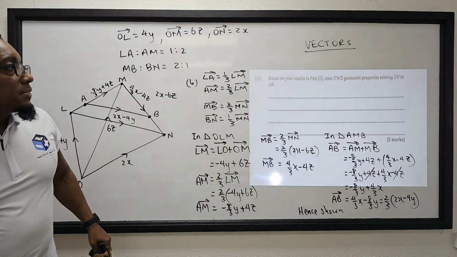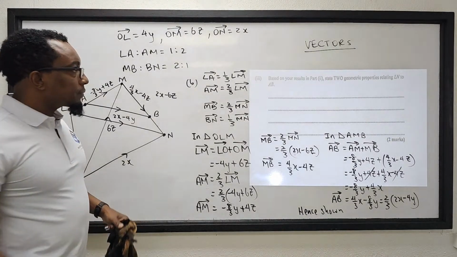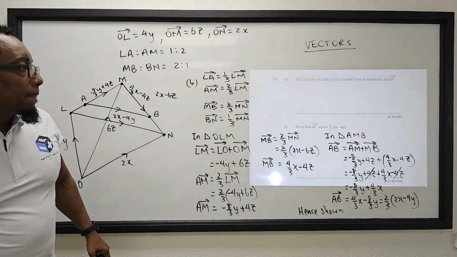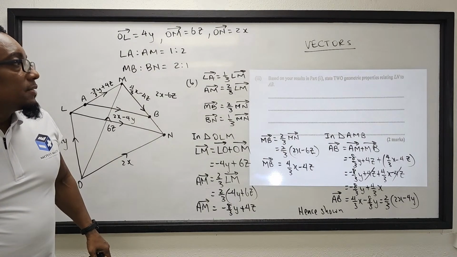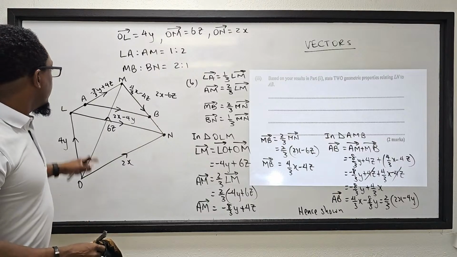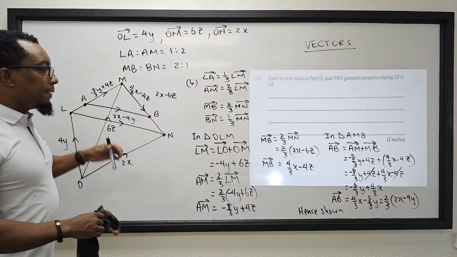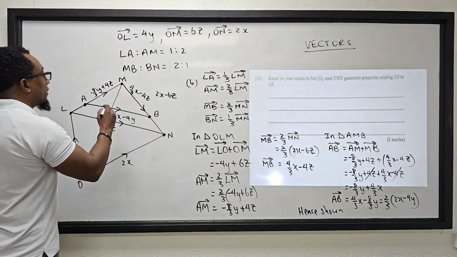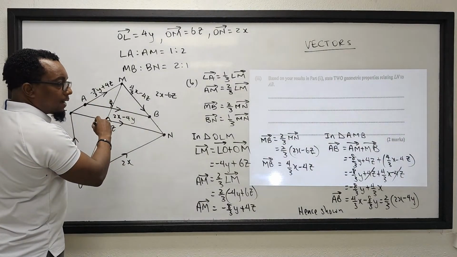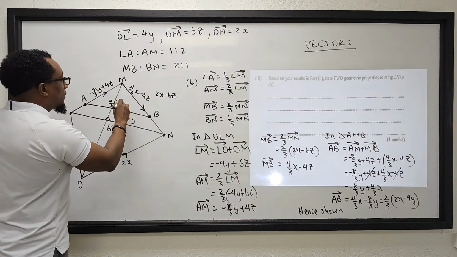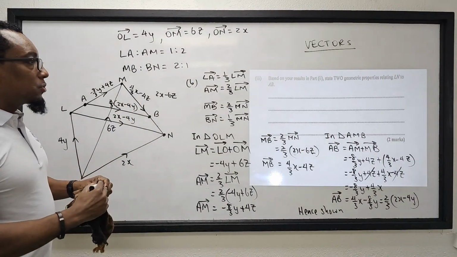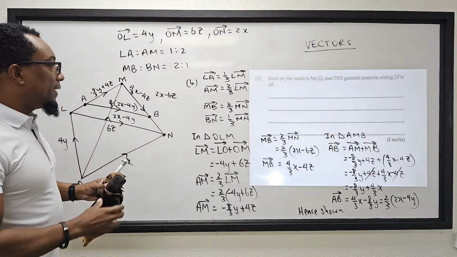Based on the results in part 2, they want us to state two geometric properties relating Ln and AB. So AB is, let me put it on the diagram, 2/3 into 2x minus 4y. So they want us to show a relationship between the two.